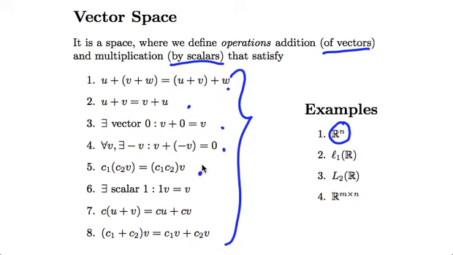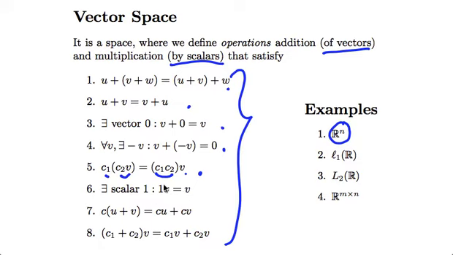The next one talks about how multiplication of scalars works, and so if you first multiply the scalar to the vector followed by multiplication with another scalar, you get exactly the same quantity as if you multiplied the two scalars together and then multiplied by the vector. So multiplication must satisfy these properties.